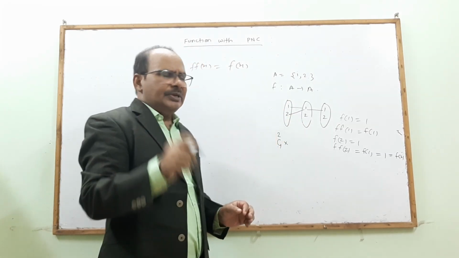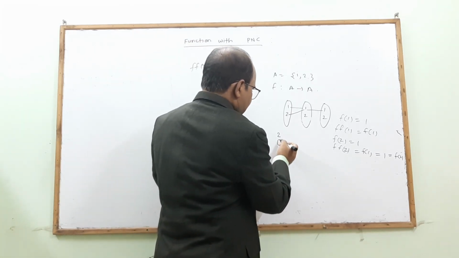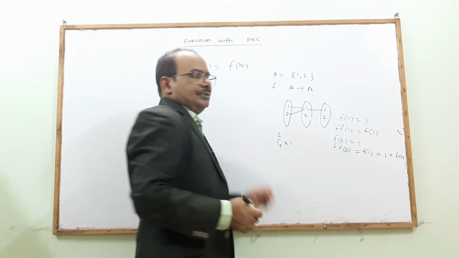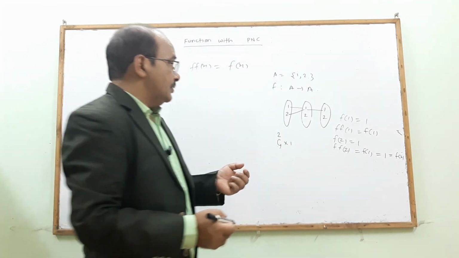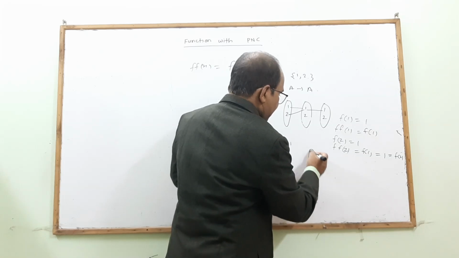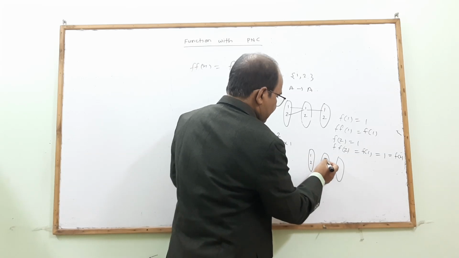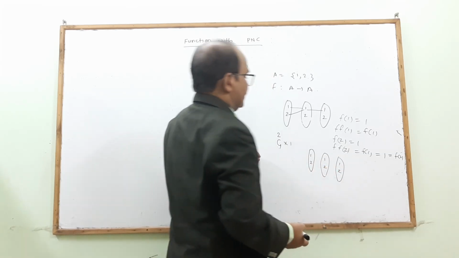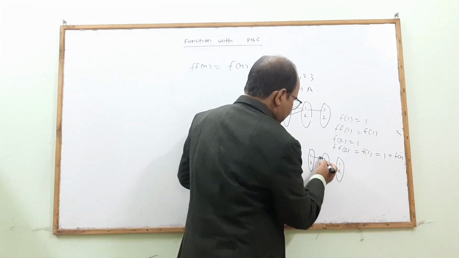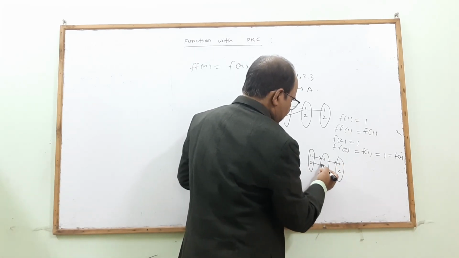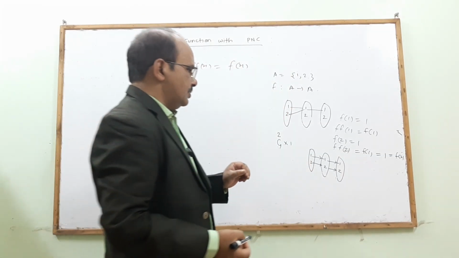Next, if only one element is in the range, the number of functions will be 2C1 into 1. And if there are two elements, one possibility is 1 is mapped to 1 and 2 is mapped to 2. This is one possibility.